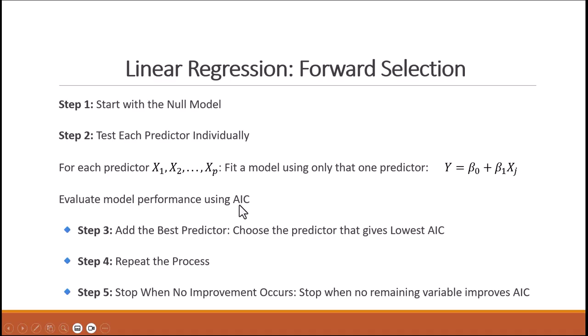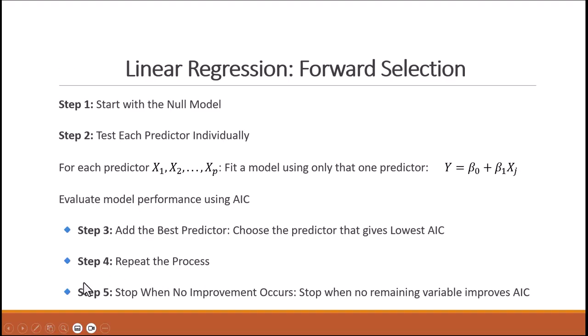I just want to add that if the AIC is lower, our model is better. So by adding these variables, we choose the predictor that gives the lowest AIC in the first step, and repeat the process for the second variable.